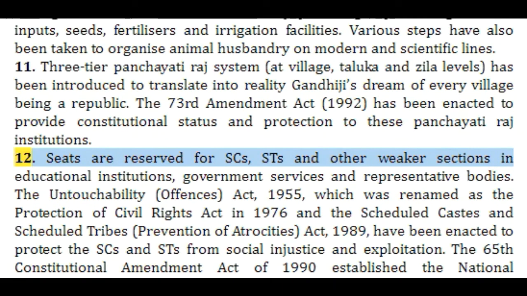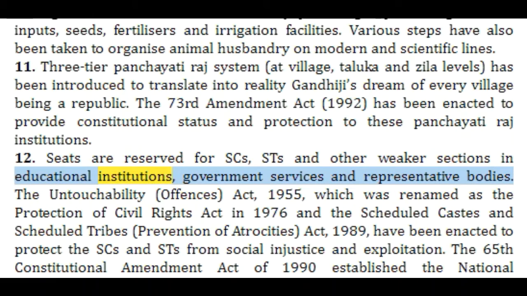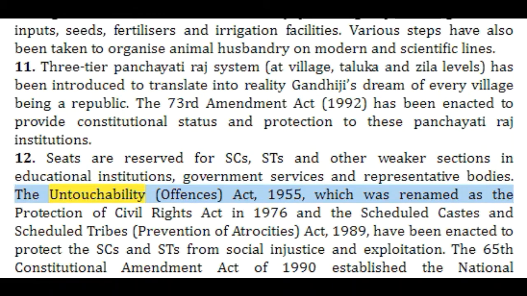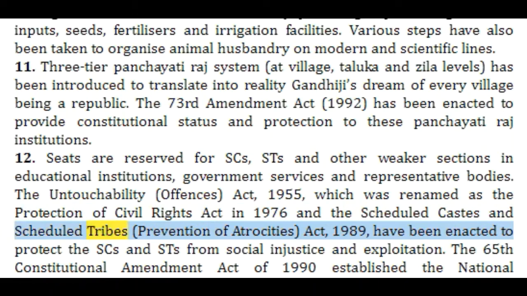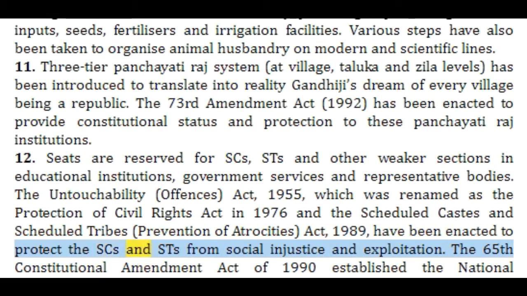12. Seats are reserved for SCs, STs, and other weaker sections in educational institutions, government services, and representative bodies. The Untouchability Offences Act, 1955, which was renamed as the Protection of Civil Rights Act in 1976, and the Scheduled Castes and Scheduled Tribes Prevention of Atrocities Act, 1989, have been enacted to protect the SCs and STs from social injustice and exploitation.